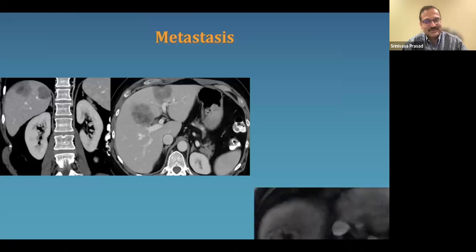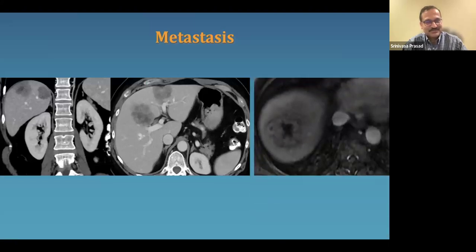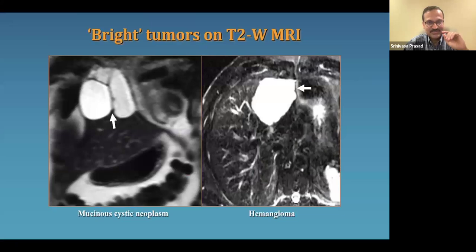Again, I already mentioned some examples of metastasis. Whenever you see multiple hypoattenuating or heterogeneously hypervascular masses within the liver, that is something to consider. And what are some of the so-called bright tumors on T2 weighted images? The classic ones are the cysts, the mucinous cystic neoplasm, or hemangiomas.